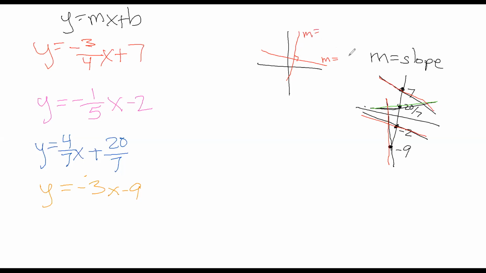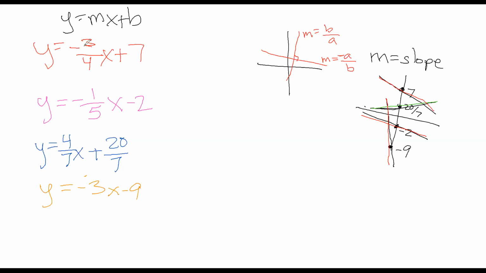So let's say the slope for this one was negative a over b because it's going down. If you want to find a line that is perpendicular to it, you need to have a slope that is the opposite reciprocal. So instead of negative, it will be positive, and it's b over a. So one is positive and one is negative, and the slope for the change in y and the change in x are basically flipped.